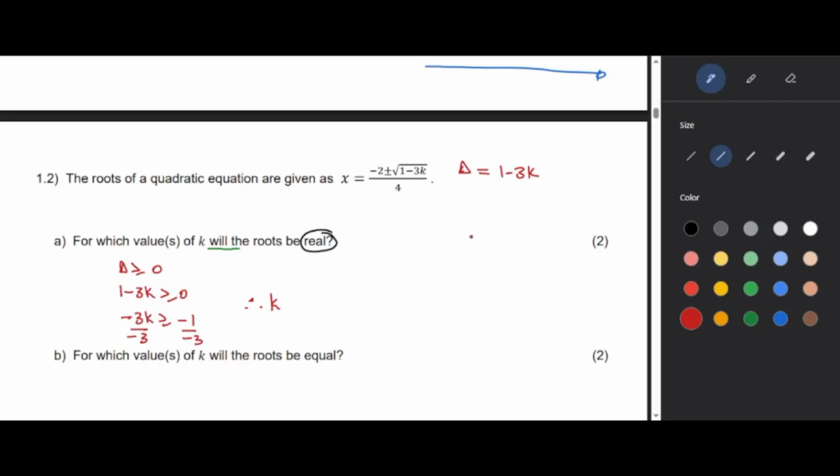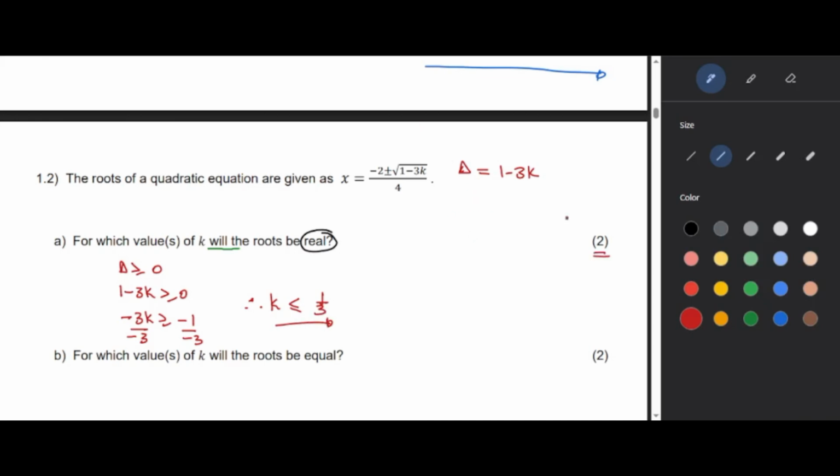When we divide by a negative on inequalities, the sign changes from greater than to less than. So the answer is k must be less than or equal to 1 over 3. This is how easy it is to collect those 2 marks. I hope that makes sense.